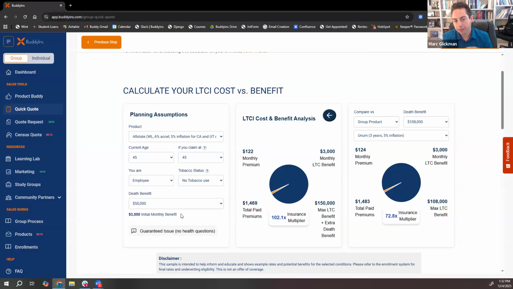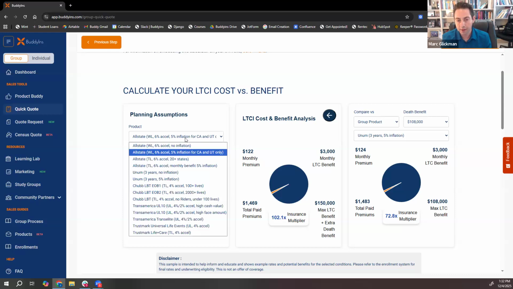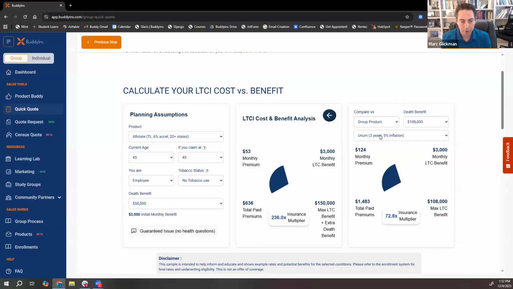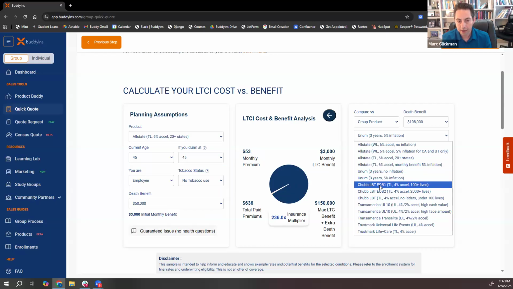And then after this 5%, just big picture wise, those term products collectively are all going to be pretty competitive. The Allstate has the term, the Chubb, Trustmark. There's also about two or three other carriers that we don't cover right now in the buddy system here that have added this concept of term to 121 or term to 100 products.